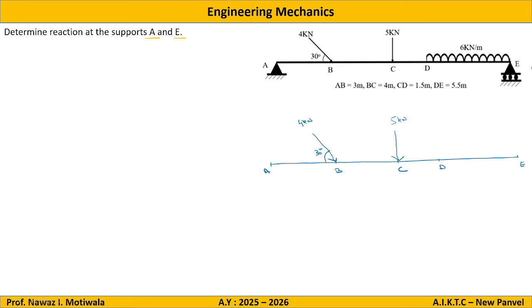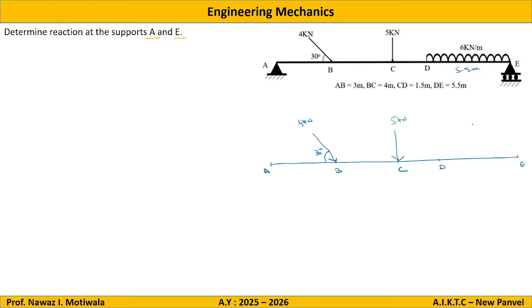So here I can see from point D to point E, that is in a span of 5.5 meters, there is a UDL of 6 kilonewton per meter.